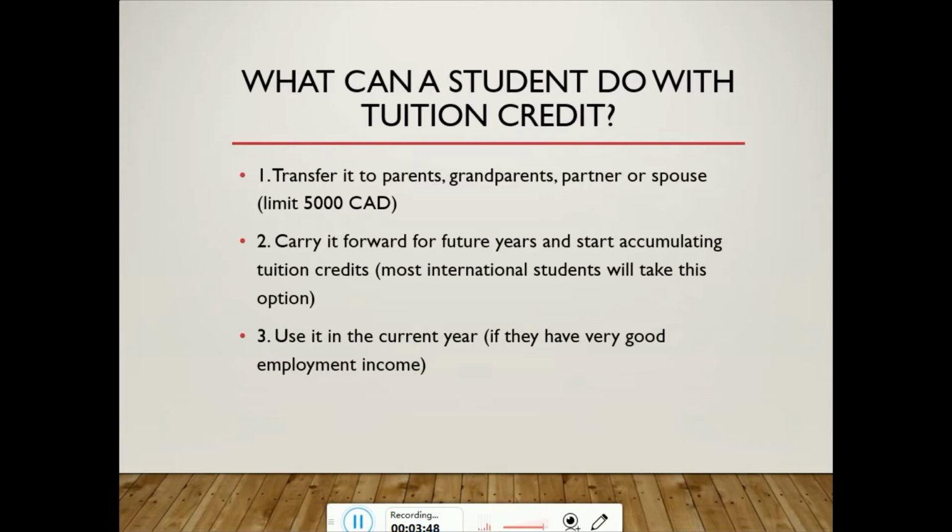So if they have very good employment income, they can use their tuition credits in the same year. Now that being said, these are the three easiest and simplest situations. If you have a student loan or a complex situation, then there will be multiple options, but I won't go into depth because that is not a simple return. So these are the three simple options which most students will have.